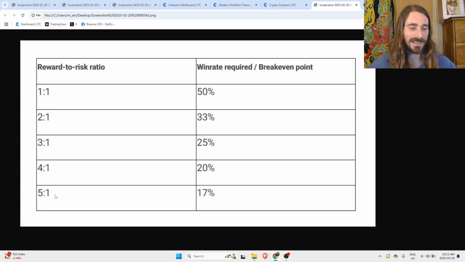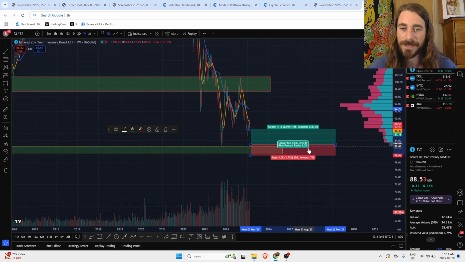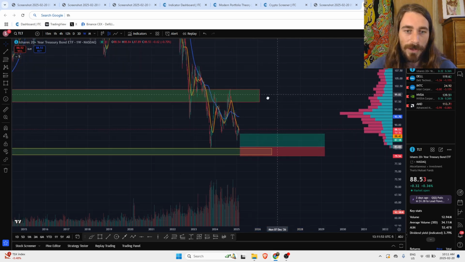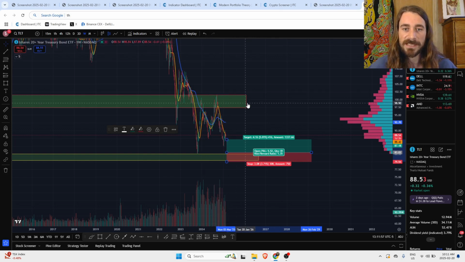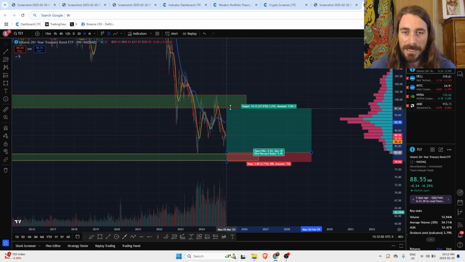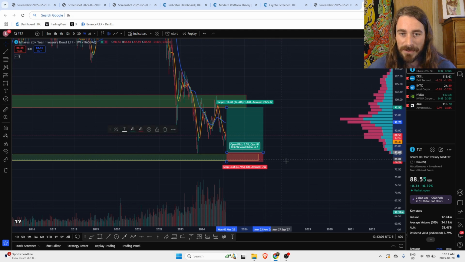That being said, you can't just drag these tools wherever you want just to fit the reward ratio that you see fit. It needs to coincide with levels of support and resistance. That's why I have this first resistance zone marked right here. If I was to enter this trade, that would be the first place I would consider taking profits. So, looking at a 17% return.